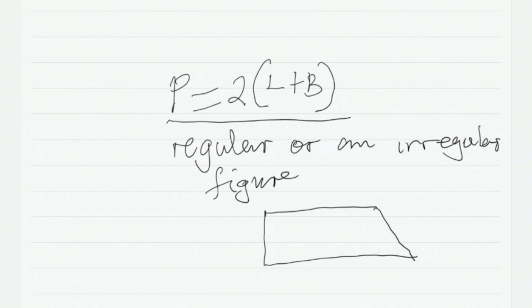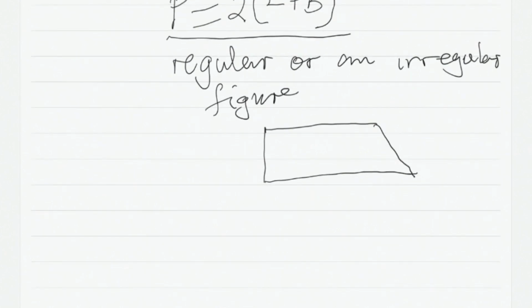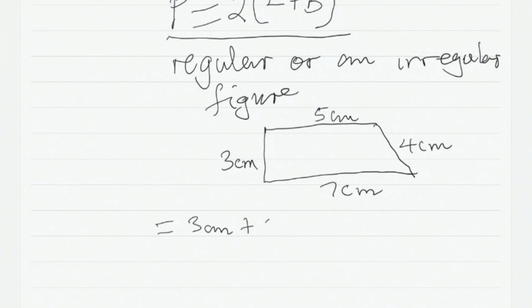So in this case, this trapezium that has been given to us has dimensions that have been given to us. We are going to add the dimensions around this given figure, just like the way we had described what perimeter is. So the answer to this will be P equals 3 centimeters plus 5 centimeters plus 4 centimeters plus 7 centimeters.